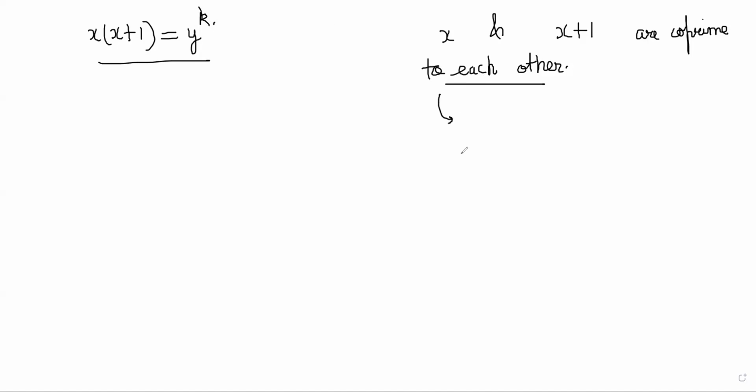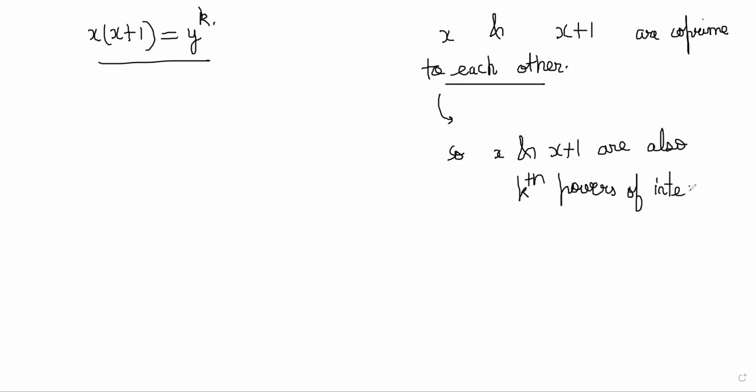So that implies from our claim that x and x plus 1 are also kth powers of integers, right? So we can assume now that x should be some u power k and x plus 1 should be some v power k, because we know that x and x plus 1 are both kth powers of some integers.